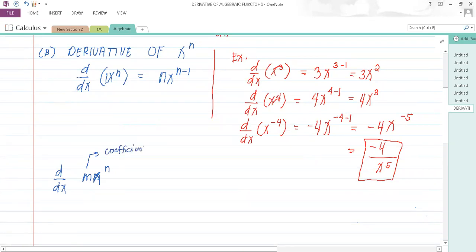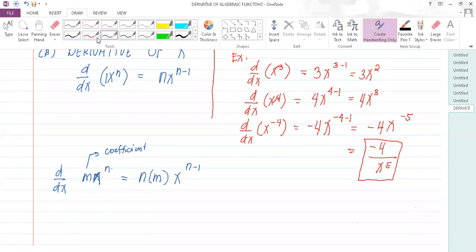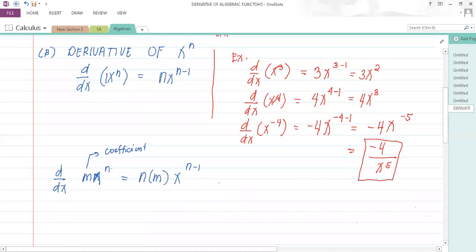So ano yung magiging derivative natin? Pagka merong coefficient, the same, multiply natin yung exponent na n times the m, x raised to n minus 1. Ganyan siya.